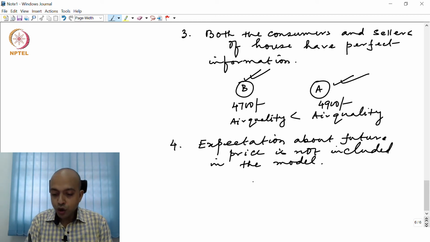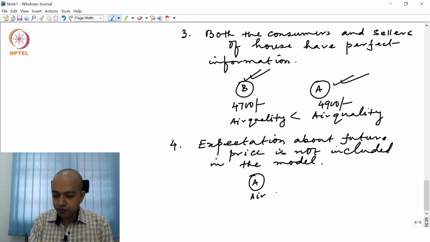What does it mean? When I am buying a house in locality A, yes, air quality is better.